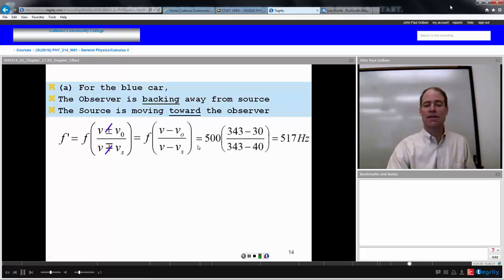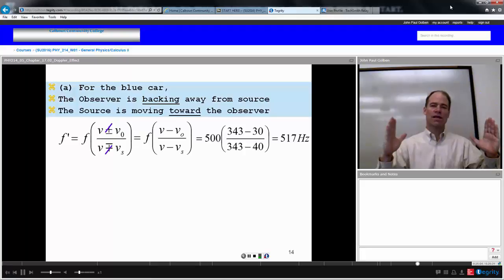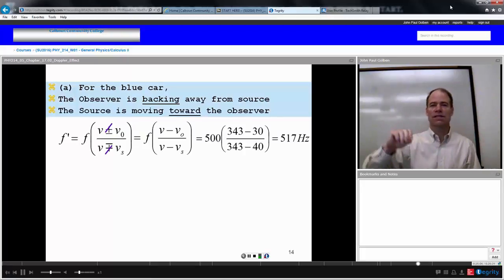So as far as mathematics goes, we have 500 hertz for the actual frequency of the source, velocity of sound 343 minus the velocity of the observer 30 over 343 minus the velocity of the source. And this gives us an actual frequency observed of 517 hertz. So even though we have these mitigating things going on, all things considered, we are getting closer together, and the frequency did go up a little bit to 517 hertz.